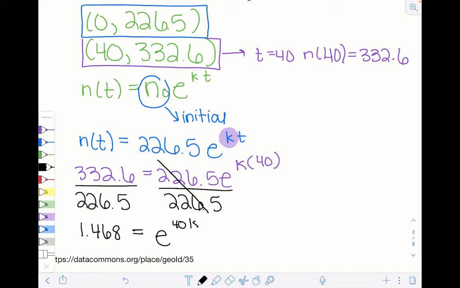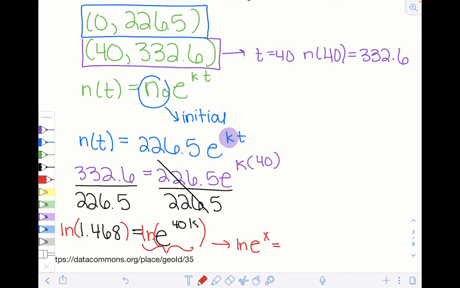At this point with solving this exponential equation, one way to do it is to take the ln of both sides. There's a property here that if you have ln of e to an exponent, the ln and the e are sort of canceling each other out.